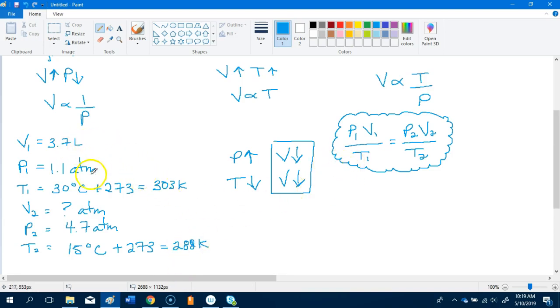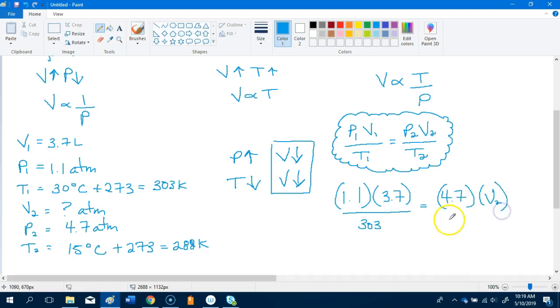Now we can plug these values into our formula. P1 is 1.1 atmospheres, our initial volume is 3.7 liters, and our initial temperature is 303 Kelvin. That equals our final pressure of 4.7 atmospheres, times volume 2, which we're looking for, over our temperature of 288.